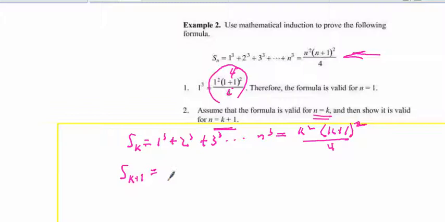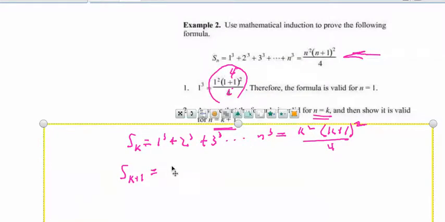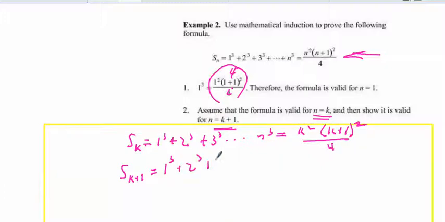K plus 1 is going to give us 1 cubed again plus 2 cubed plus 3 cubed all the way up to k cubed plus (k plus 1) cubed. Well, I'm good with that. So let's see where that takes us.